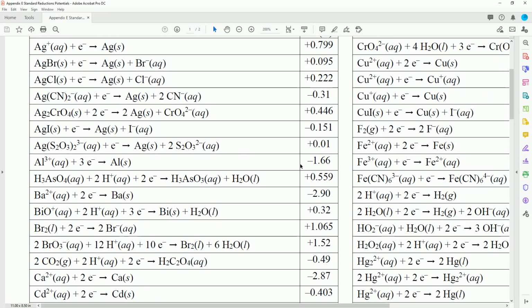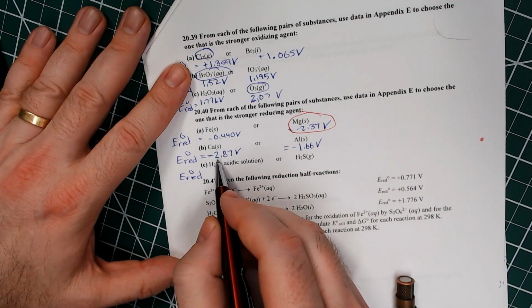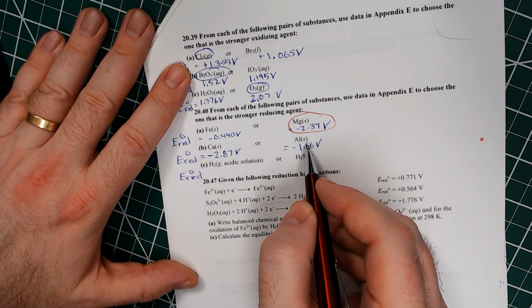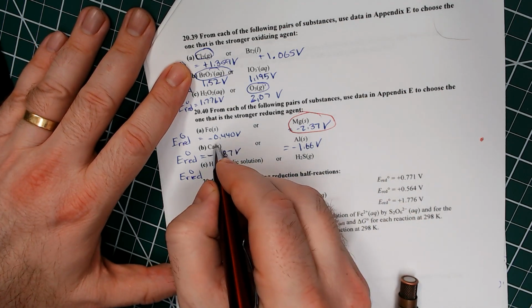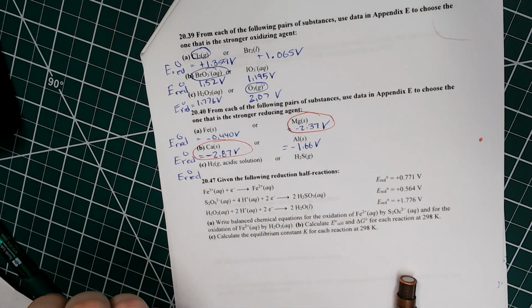Here's aluminum at negative 1.66 volts. So here we go. Calcium at negative 2.87, aluminum at negative 1.66. Calcium is going to be our stronger reducing agent there.